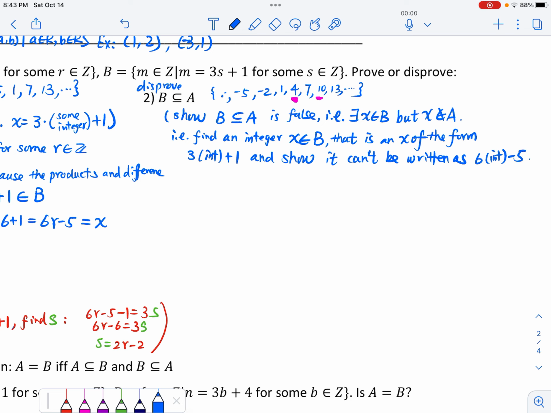Okay, so that's my whole explanation. I do not need to write this down in my disproof. Here's how I would begin.